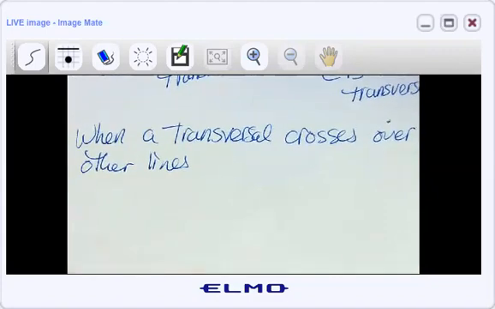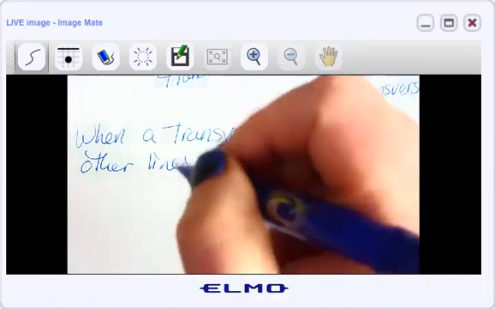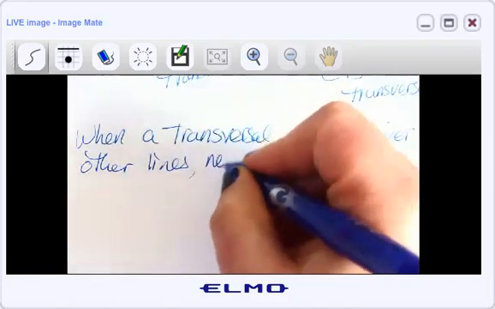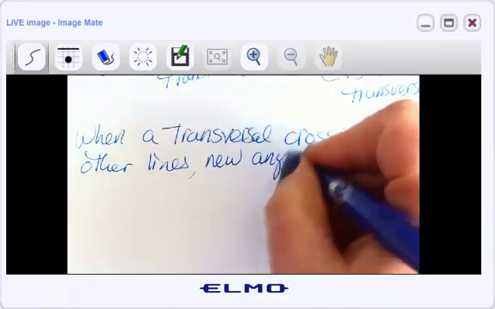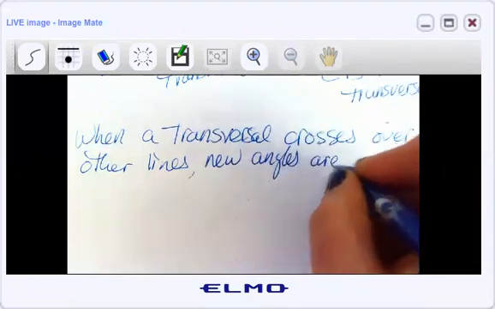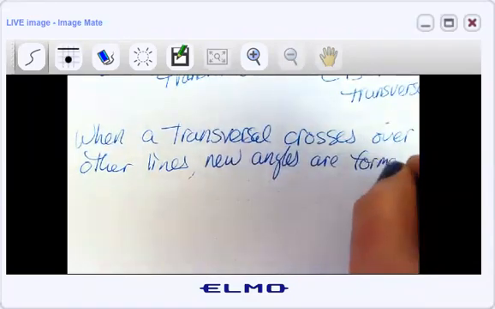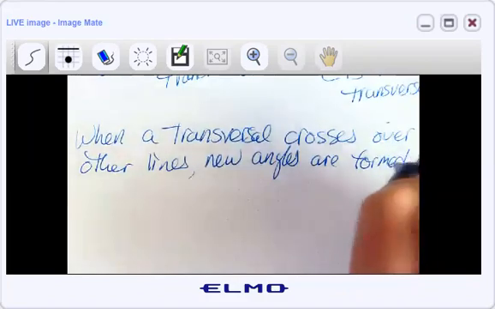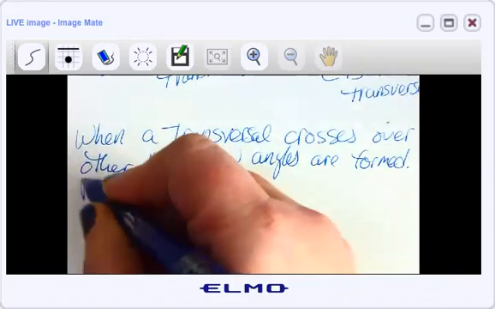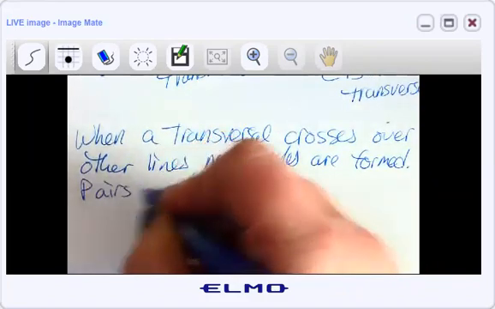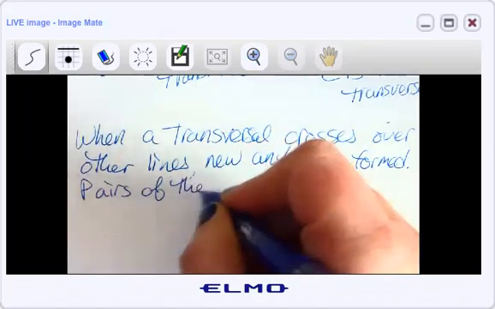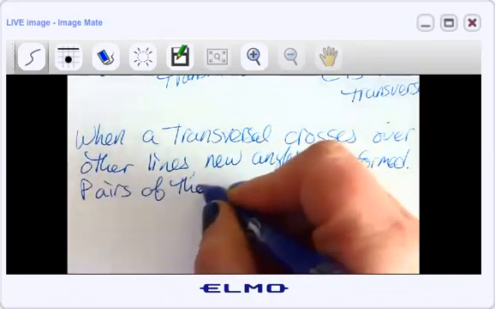When a transversal crosses over other lines, new angles are formed, and we can name pairs of those angles.